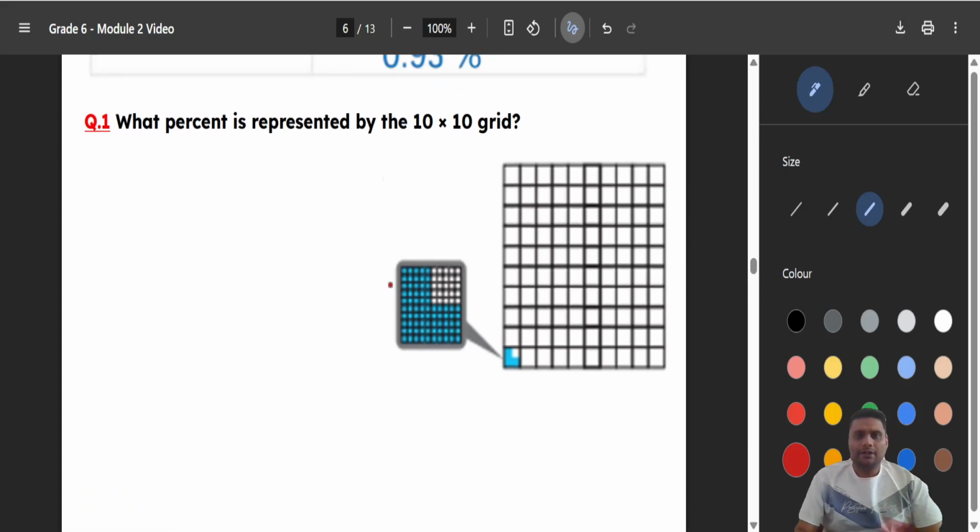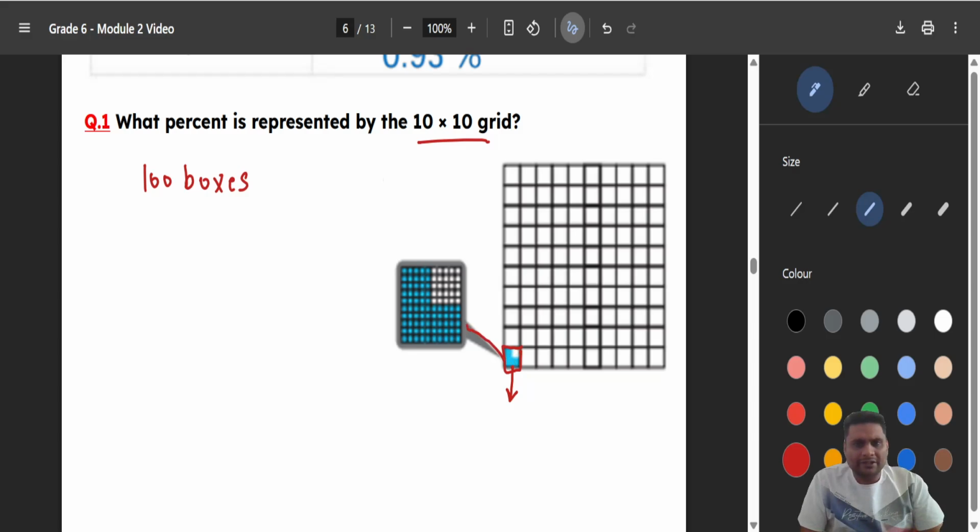Okay, see. Again, in this grid, this is a 10 by 10 grid, which means I have a total of 100 boxes, right? Now, out of the 100 boxes, this one box is filled, and this one box is not completely filled. Some part of it is filled and some part is not filled.